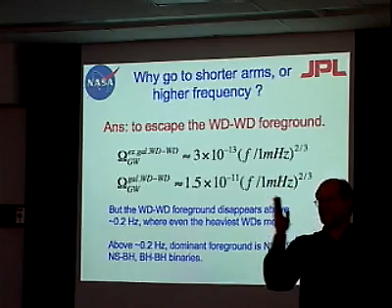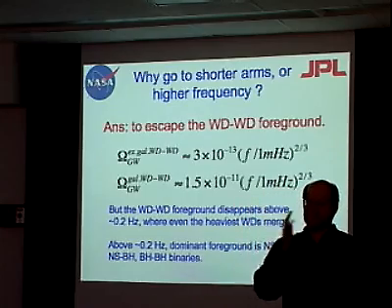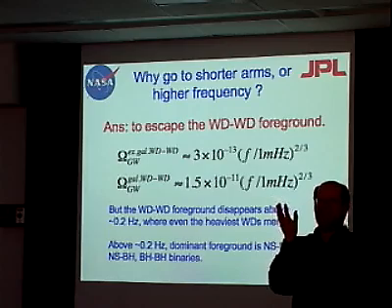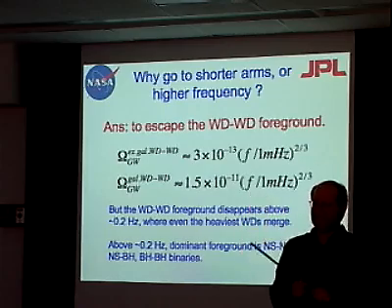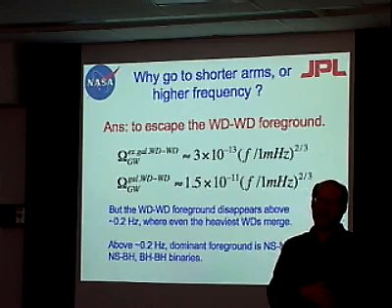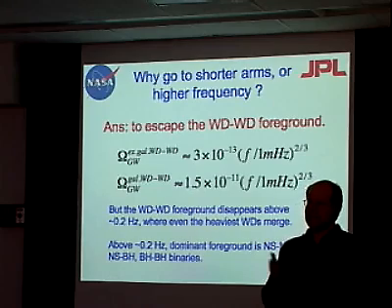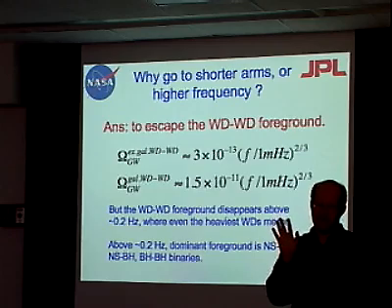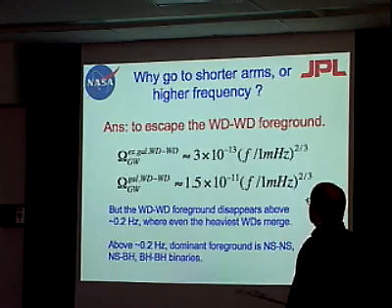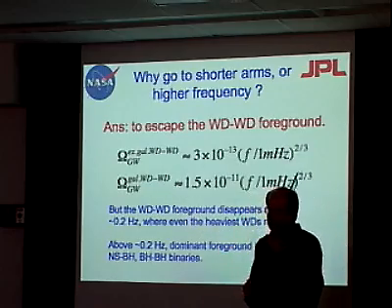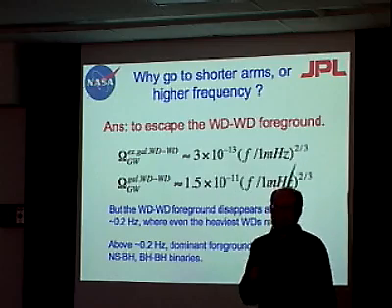Why does one want to go to higher frequency, to shorter arms for BBO? Well, even if you kept LISA the same size, with 5 million kilometer arms, and increased the laser power by a factor of 100 or 1,000 or something like that, it really wouldn't buy you very much for seeing the gravitational wave background, and that's because you're faced with a big foreground. The galactic white dwarf foreground has an omega of around 10 to the minus 11.